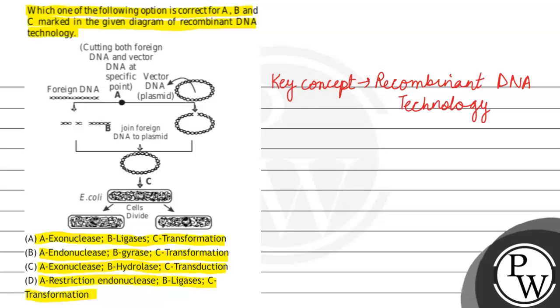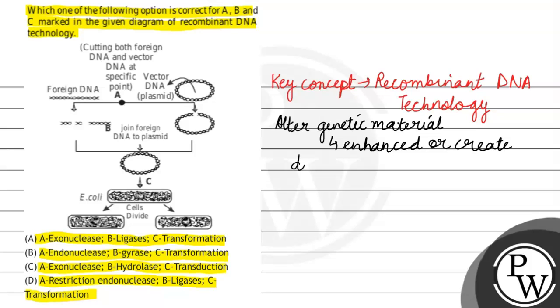Recombinant DNA technology is used to alter genetic material to obtain enhanced or desired characteristics.